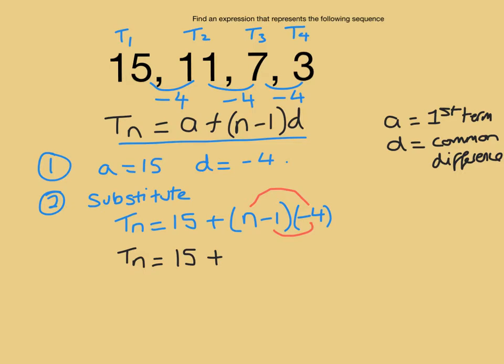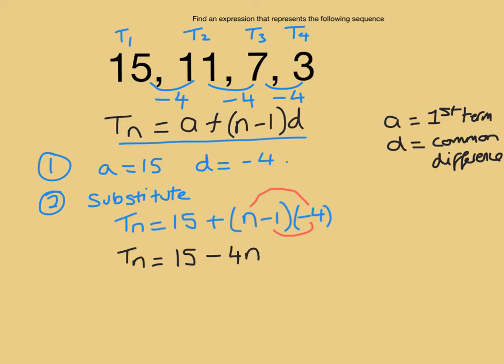So minus 4 by plus n is going to give me minus 4n. I'm just going to rub that plus sign out because it's going to give me minus 4n.